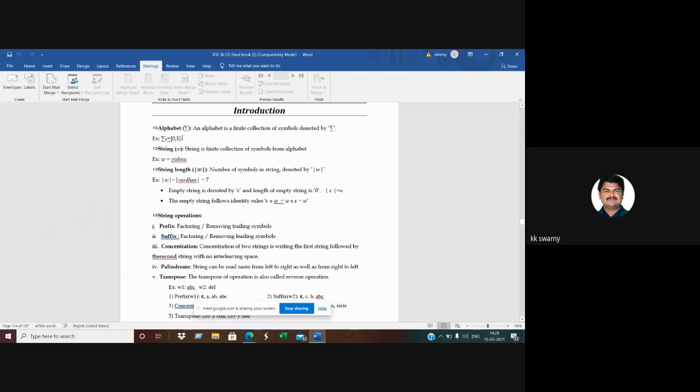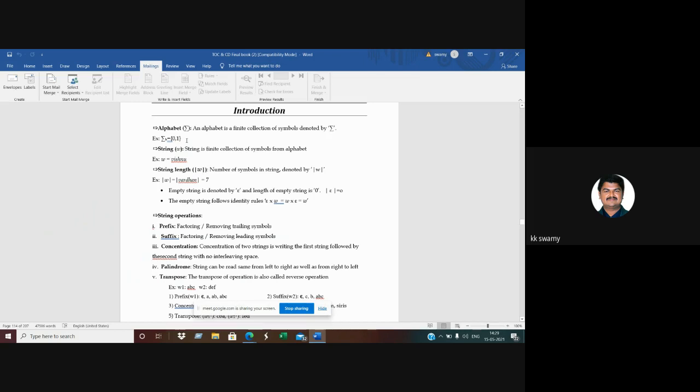If I take the English language, sigma equals A to Z. Next, if you take a ternary language, that is 0, 1, 2. That means 3 characters are required. Suppose we take sigma equals {0} or sigma equals {1}, we can take any combinations, and it is still considered an alphabet.